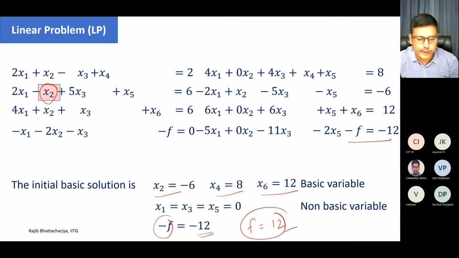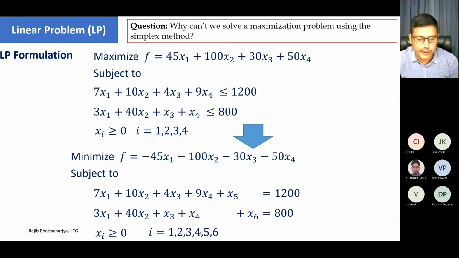So if I consider this particular element as a pivoting element, I will get f equal to 12. I hope this is clear, and this is related to this question.